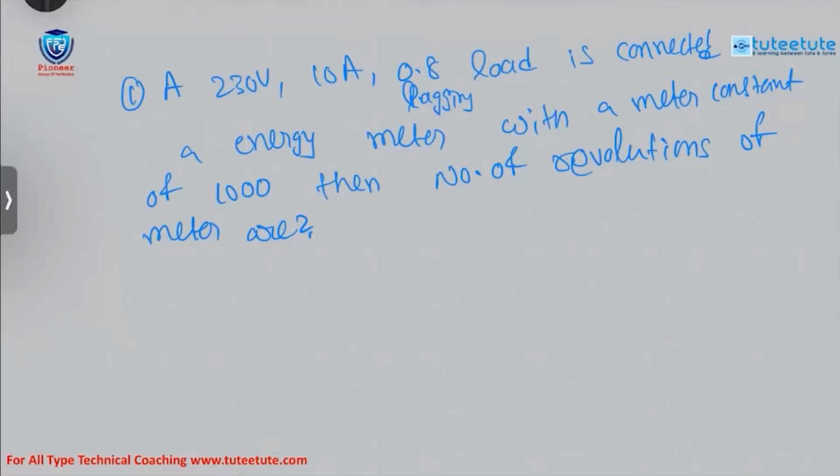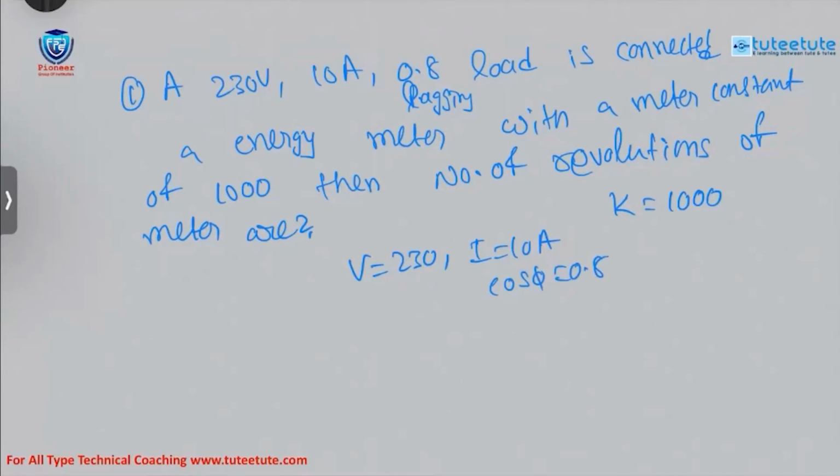They have given the meter constant K as 1000. The first thing while solving problems is to note down the given data. Voltage is given as 230 volts and current as 10 amps. Power factor cos phi is 0.8, meter constant 1000.